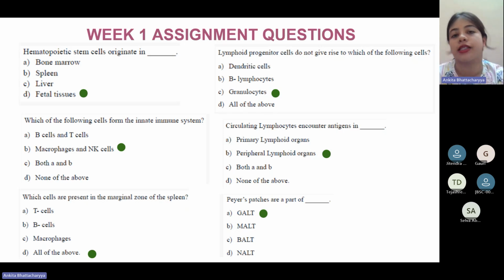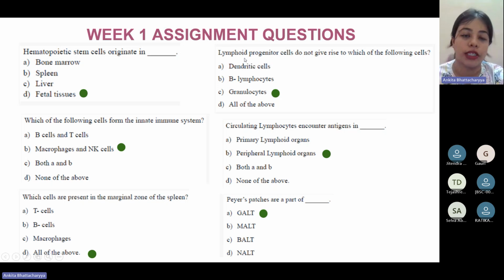Hematopoietic stem cells are an example of multipotent stem cells, and their origin will, of course, be credited to fetal tissues. Once synthesized, the hematopoietic stem cells will lie within the bone marrow, and there they will give rise to all the different lineages that we have extensively been discussing since the first week.